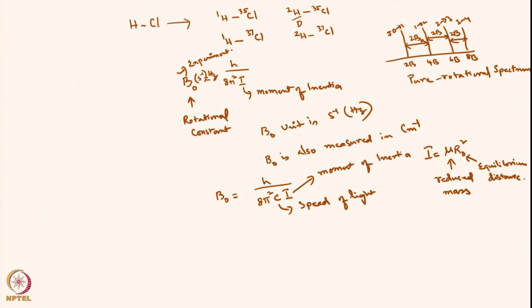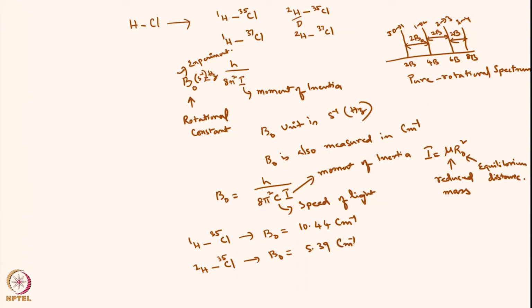In one experiment, they found that for 1H 35Cl the value of B naught was 10.44 centimeter inverse, and similarly for 2H 35Cl the value of B naught is 5.39 centimeter inverse.